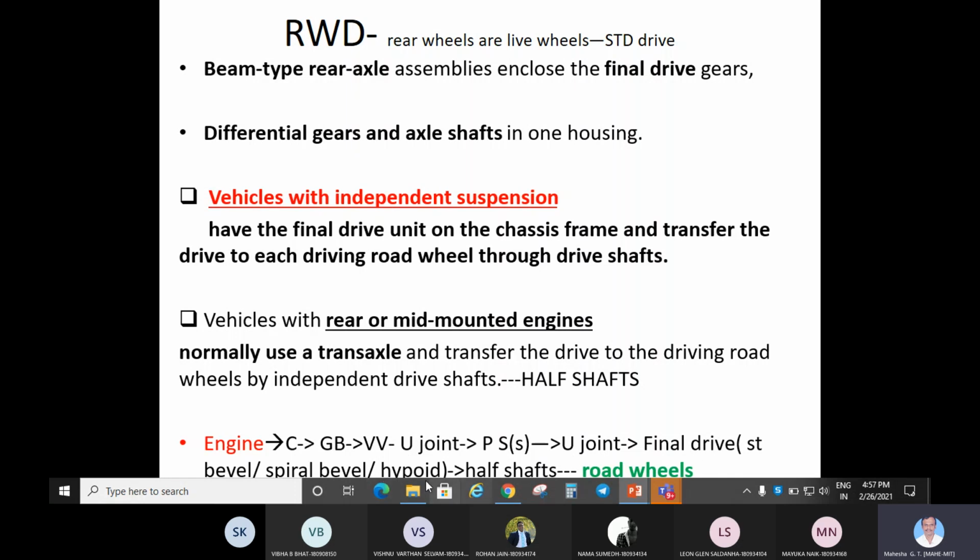Bevel gearing is required because of the north-south arrangement, the location of the engine. From there it goes to the differential and hence the half shafts, then to the final road wheels. This is how the drive line system will be passing the drive in such types of systems.